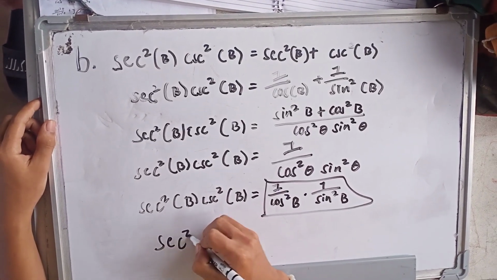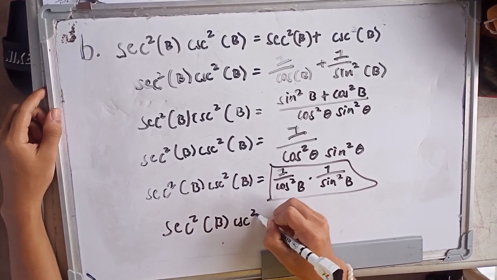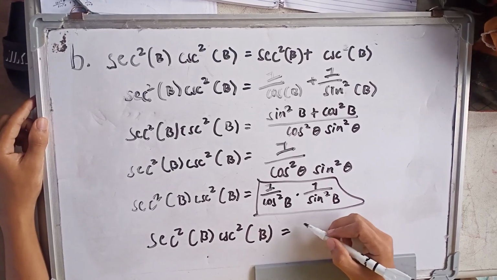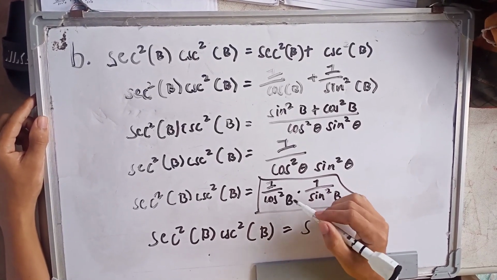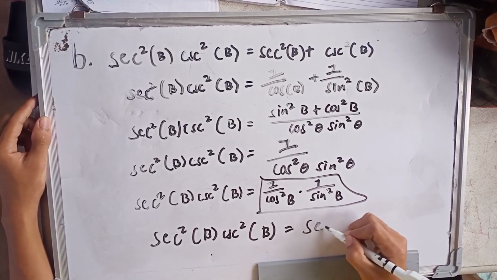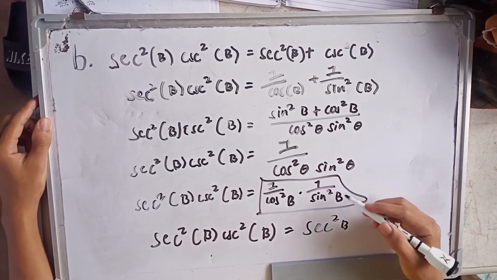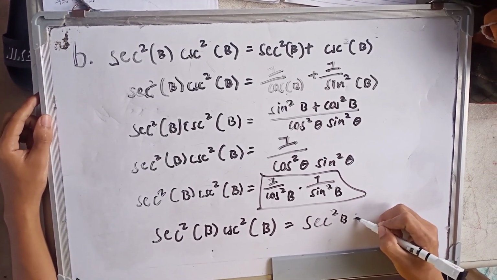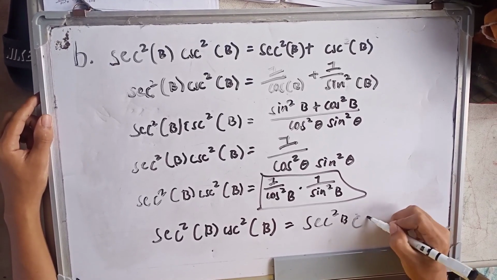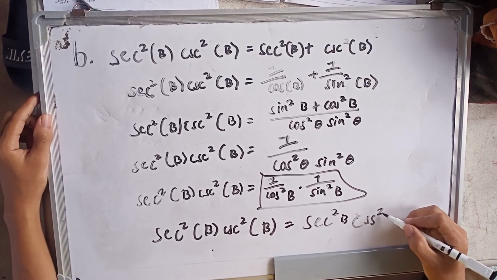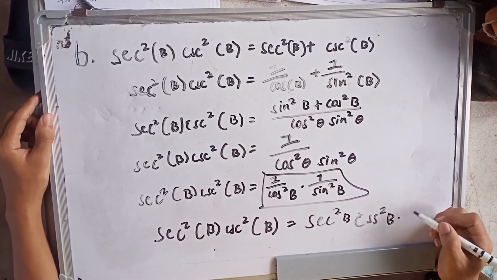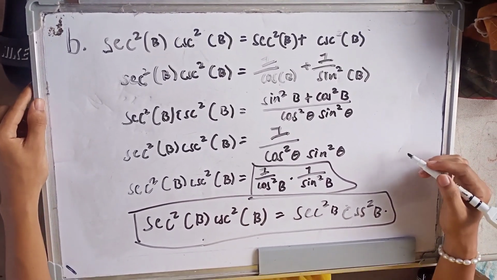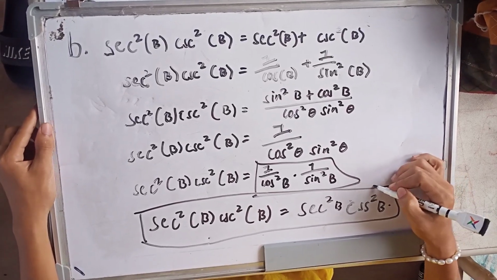So 1 over cosine squared theta is equal to secant squared theta, and times 1 over sine squared theta is equal to cosecant squared theta. And this is the result of this equation. Therefore, we prove that the given is equal.